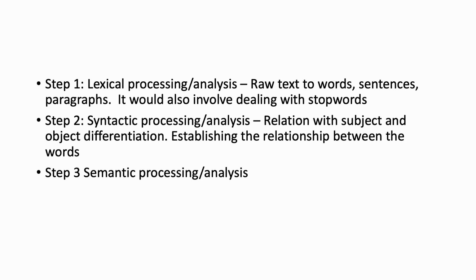Step 2 would involve syntactic processing or analysis. Herein we can identify a relationship between a subject and an object. So the algorithm can differentiate what is a subject and what is an object here. So it establishes the relationship between the words. For instance, Anil is giving an ice cream to Ram.